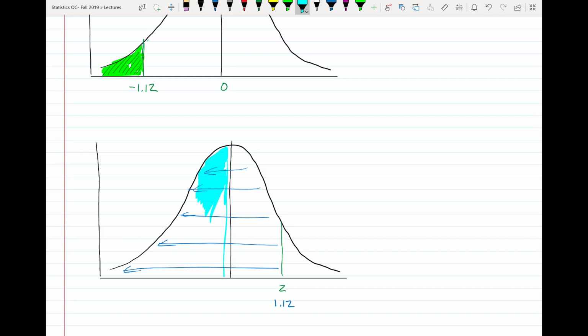But we know from the rules that I outlined a minute ago that this entire area here is equal to 0.5. And we know, because we've calculated it, what this area here is equal to.